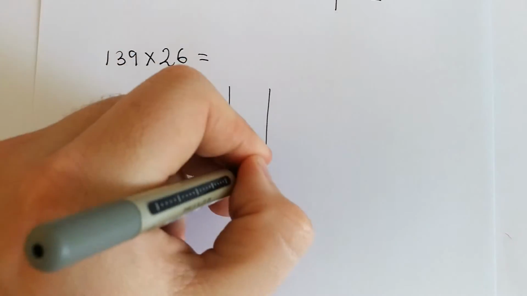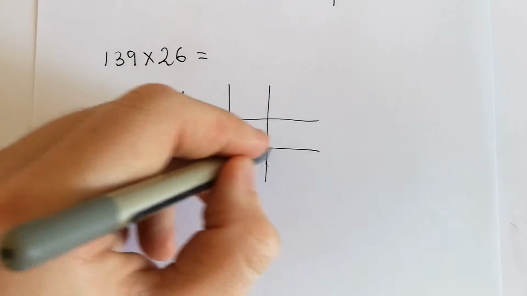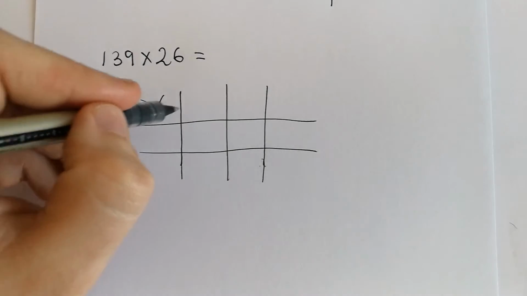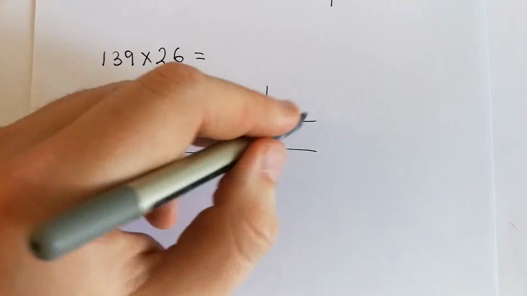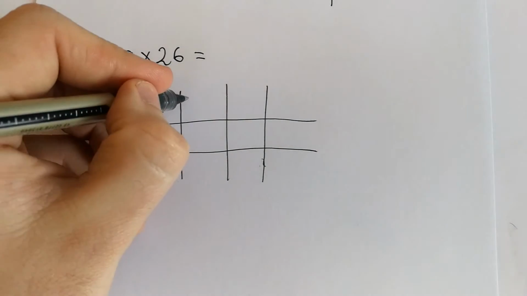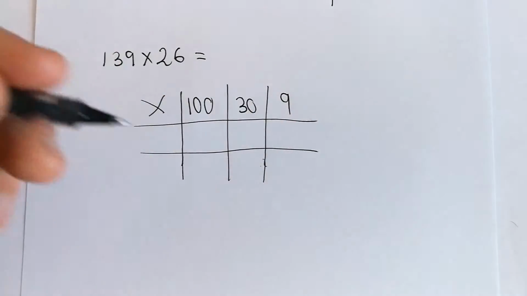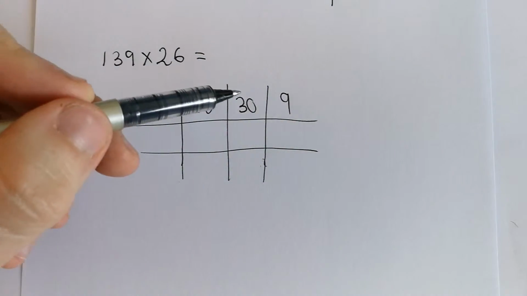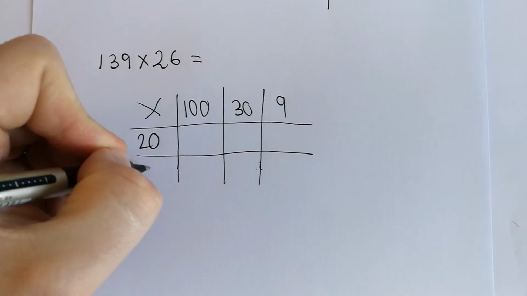So we do 3 lines in one direction, doesn't matter which direction you do it in, and then 2 lines in the other and across. Now, because I've done 3 lines in that direction, I've got 3 holes to fill, that's where the 139 will go. So we put 139. The best way to think about it is just say it slowly, 139. And we've got 26.